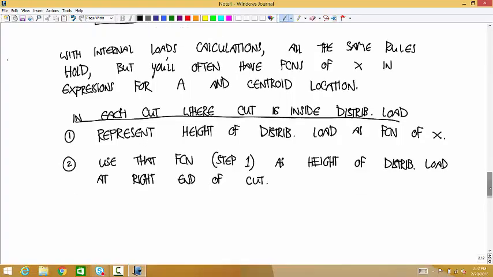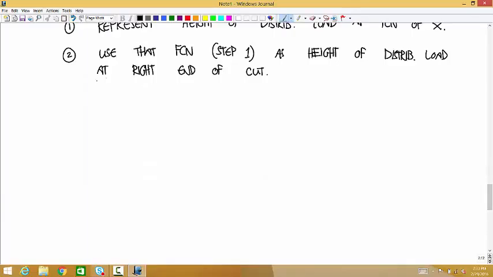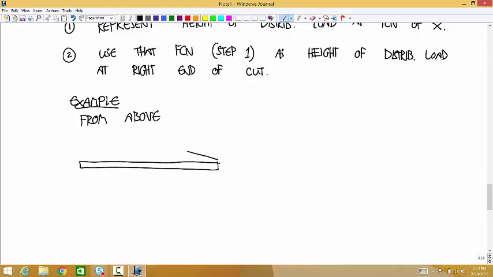Okay, so let me give an example. And let's use the one that we just had. Okay, so we have a 1/2 meter long beam with a distributed load of 5,000. Oh no, I don't want to do that one. Let's use a different one.